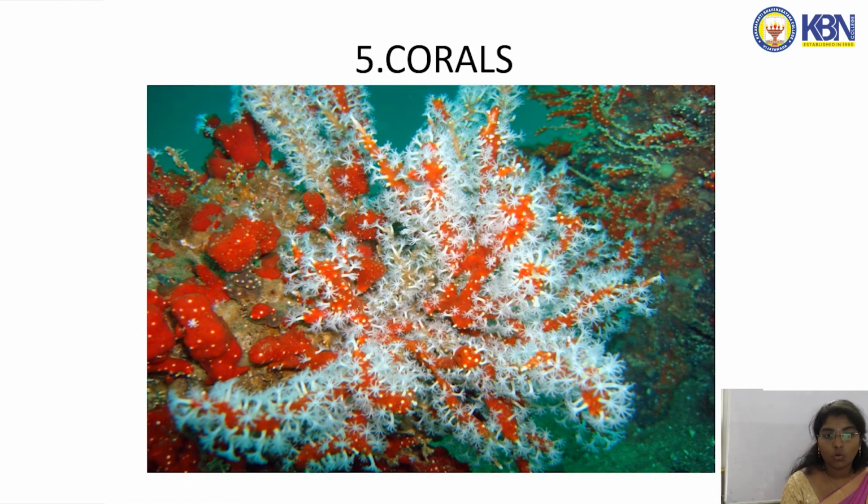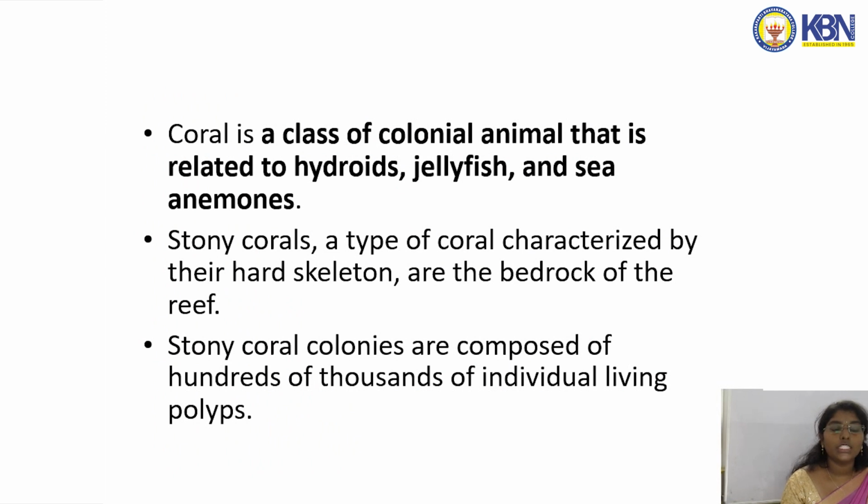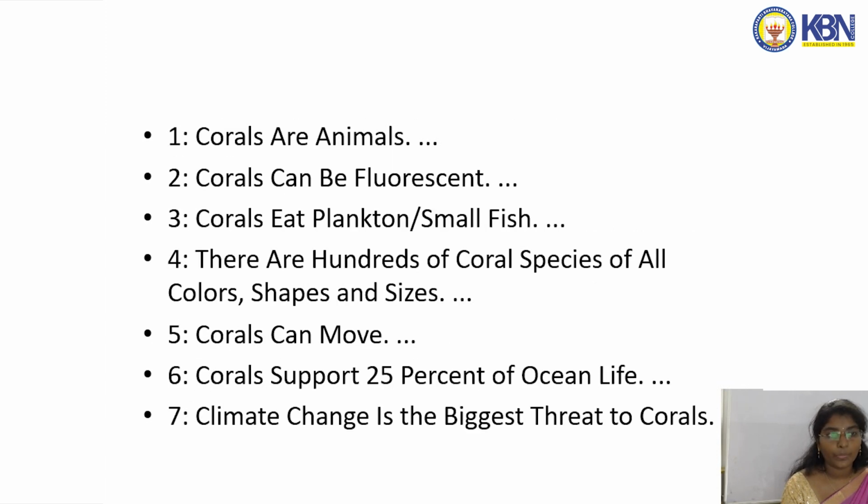Next, these are corals. Coral is a class of colonial animal that is related to hydroids, jellyfish and sea anemones. Stony corals, a type of coral characterized by their hard skeleton, are the bedrock of the reef. Stony coral colonies are composed of hundreds of thousands of individual living polyps.